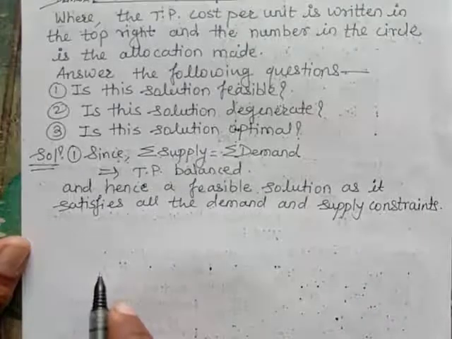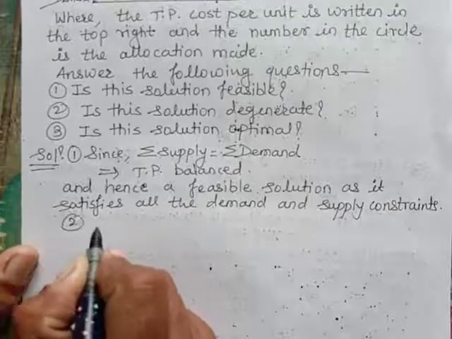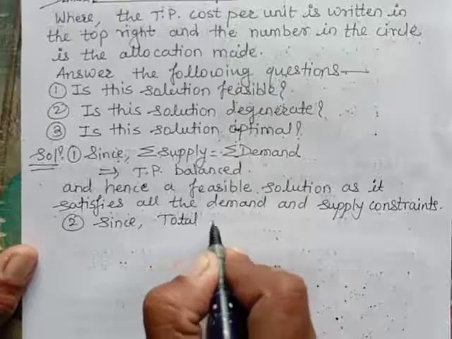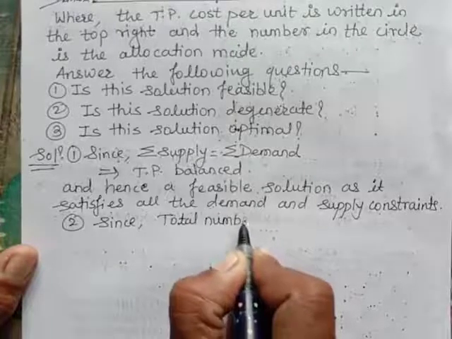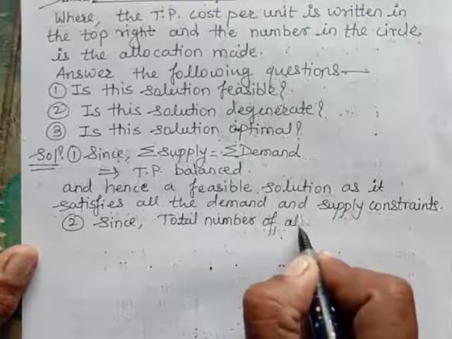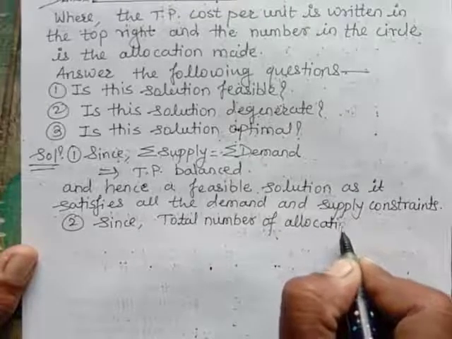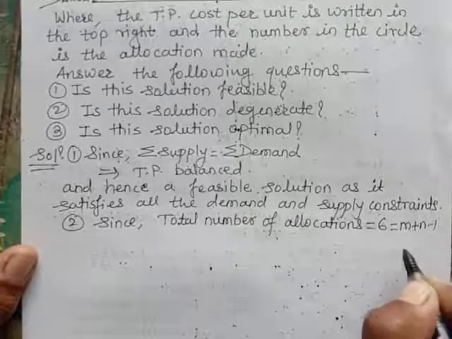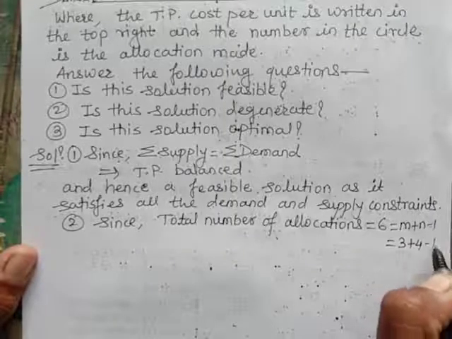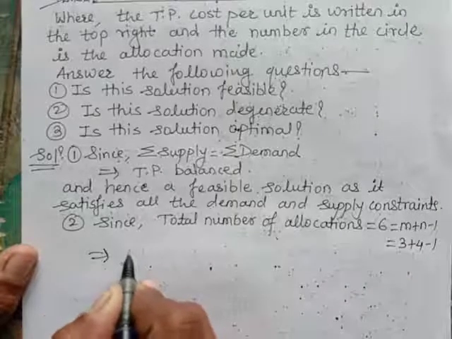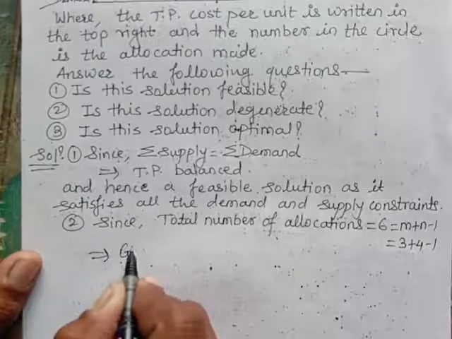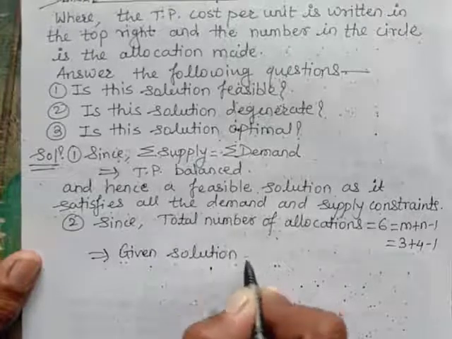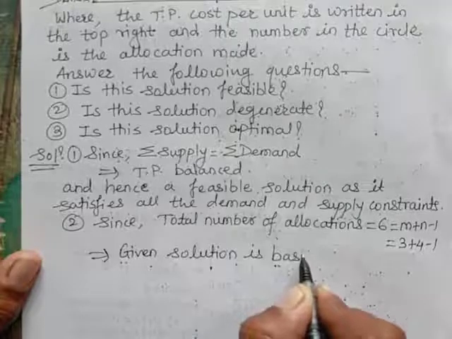Demand and supply constraints. Now second, since total number of allocations equals 6, that is equal to m plus n minus 1, that is 3 plus 4 minus 1, this implies the given solution is a basic feasible solution.